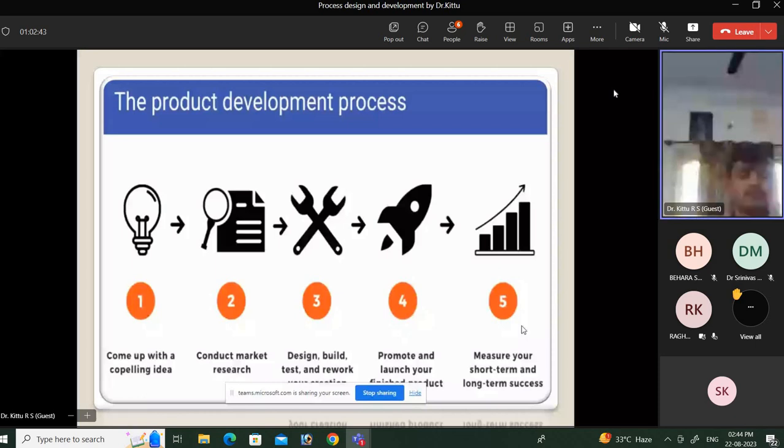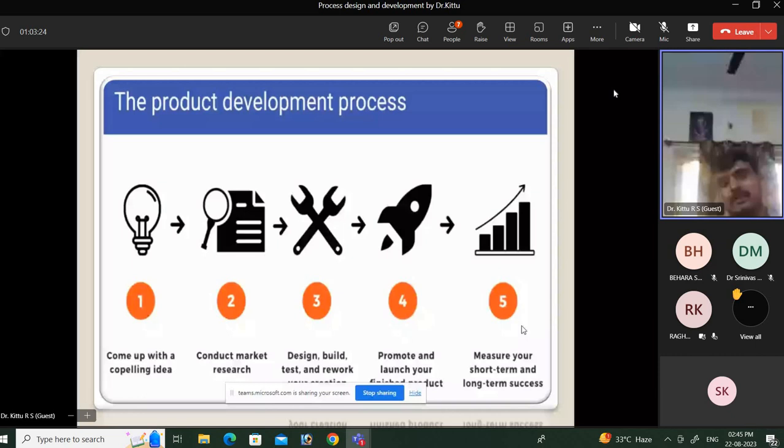With a particular idea, we can conduct market research on whether that idea is possible to work out or execute or not. Can I immediately execute an idea? No. Before that, we conduct research, as I already told, to test the feasibility and the efficacy of that idea, the validity of the idea.